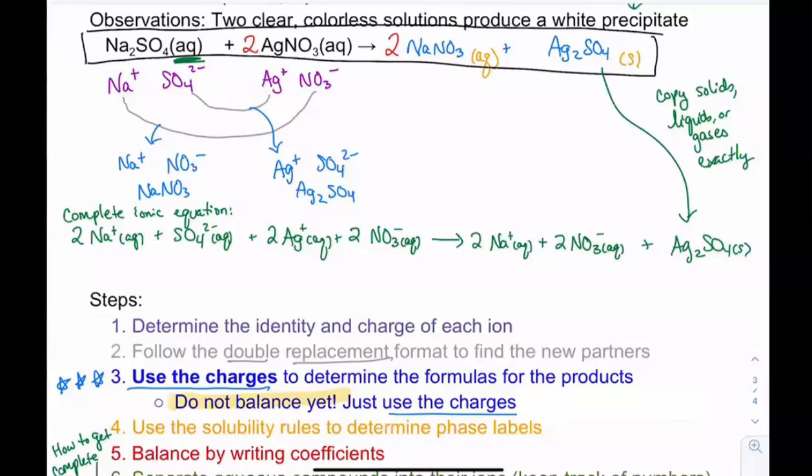Before the reaction happens, I have all these separate ions floating around. They're separated by water. They are not touching each other. After the reaction happens, some of the ions are still just floating around. Some have found each other and formed a solid. That solid will start as cloudiness, and if you let it sit, it'll sink to the bottom.